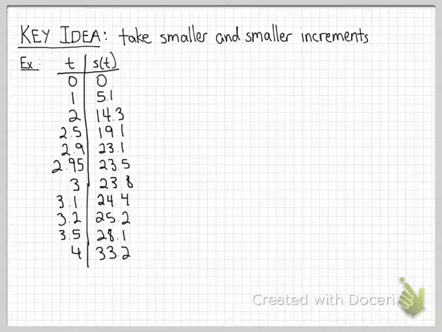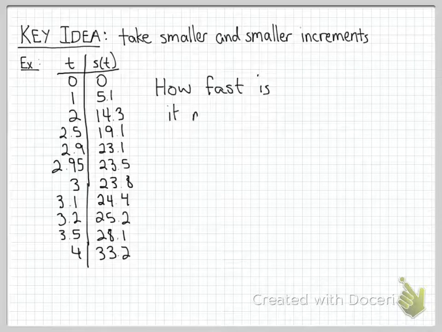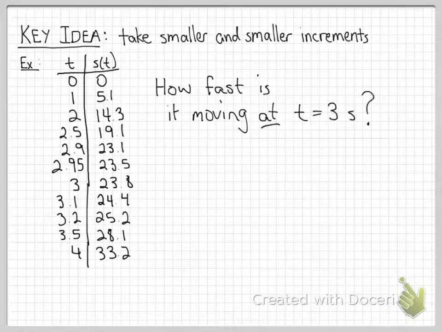So at the start, t equals 0, I haven't moved at all. I'm at the 0 position on whatever measuring tape I've got. And after 1 second, I've moved 5.1 meters, and so on. So we have a bunch of information. The question is, at 3 seconds, 3 seconds after it starts moving, how fast is this object going?